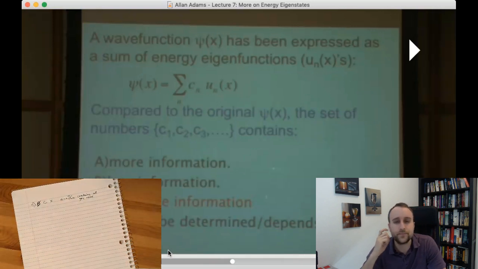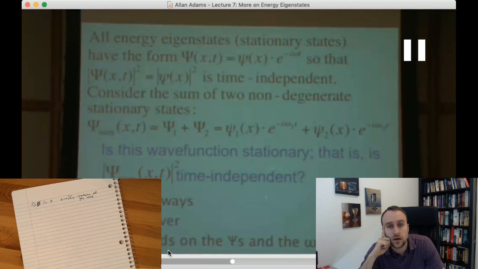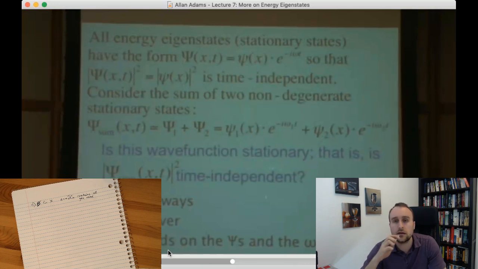All right. Okay, next one. All energy eigenstates, stationary states, have the form psi of x, t equals psi of x times e to the negative i omega t, so that the norm squared of psi of x, t is equal to the norm squared of psi of x, which is time independent. Consider the sum of two non-degenerate stationary states.